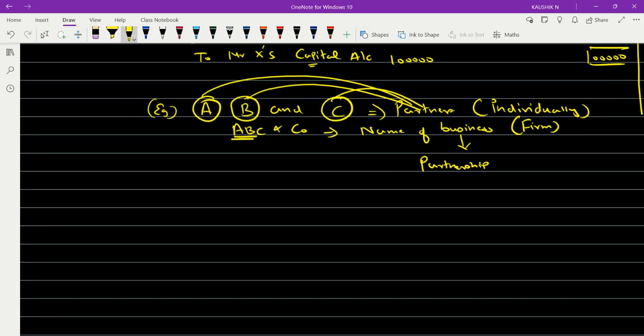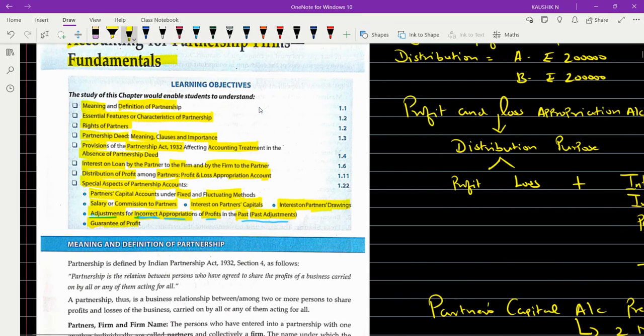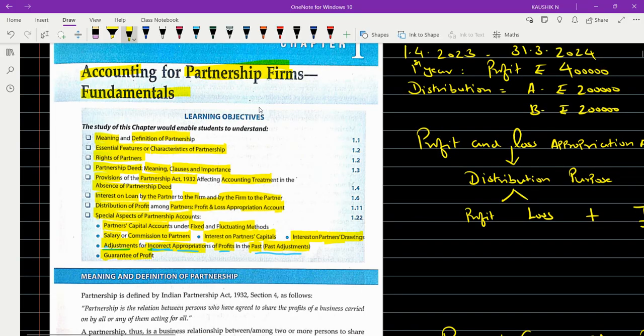Okay, right, fine. So just to sum up what we just discussed, we were discussing what we are going to learn in this chapter, partnership basic fundamentals. So, the meaning and definition of partnership, we are going to learn it. We are going to understand the essential features or characteristics of a partnership. Then we'll be learning the rights of a partner.